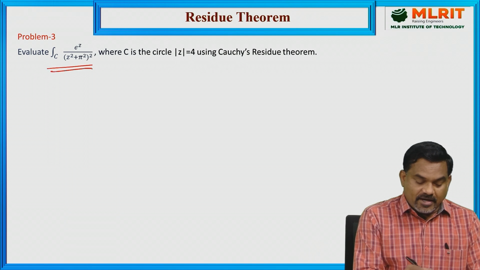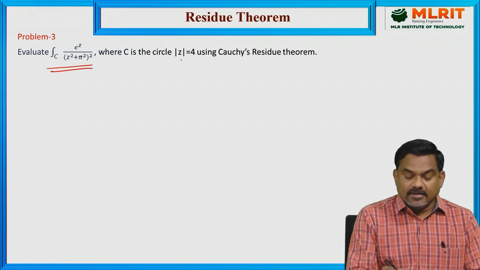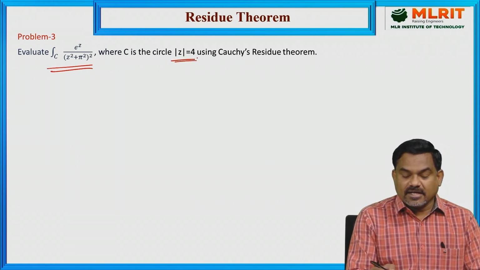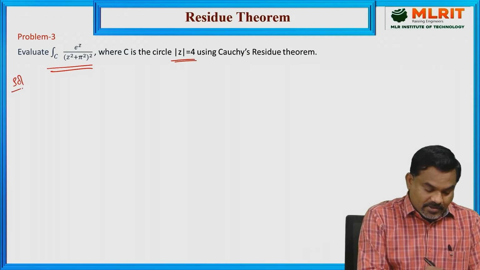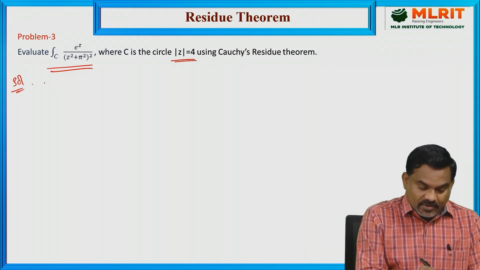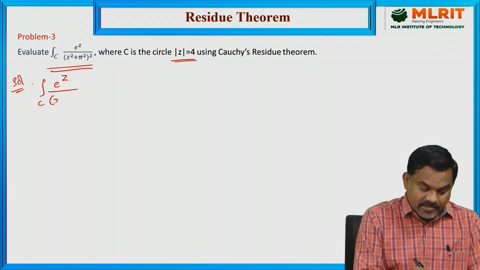Here we need to evaluate the line integral where C is the circle mod z equal to 4 using Cauchy's residue theorem. So let us consider the given integral of e power z by z square plus pi square whole square dz.